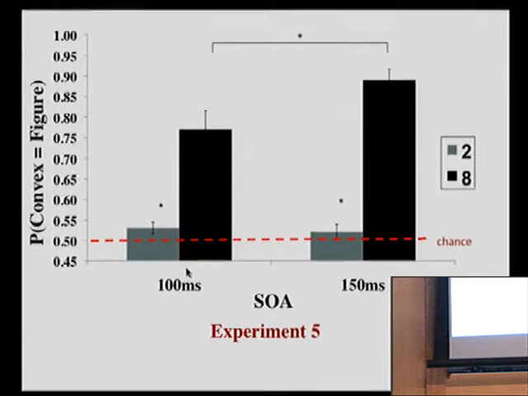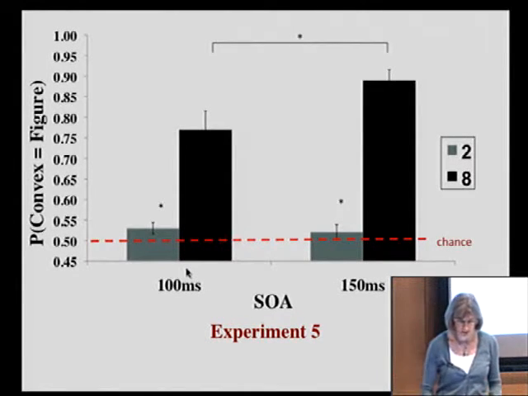Now, Beth Salvaggio, my collaborator, is asking, well, how long does it really take? If I use shorter and shorter exposure durations and mask immediately afterwards, how early in time can I see the context effects when we're using these uniform concave displays? We don't know the answer to that yet.